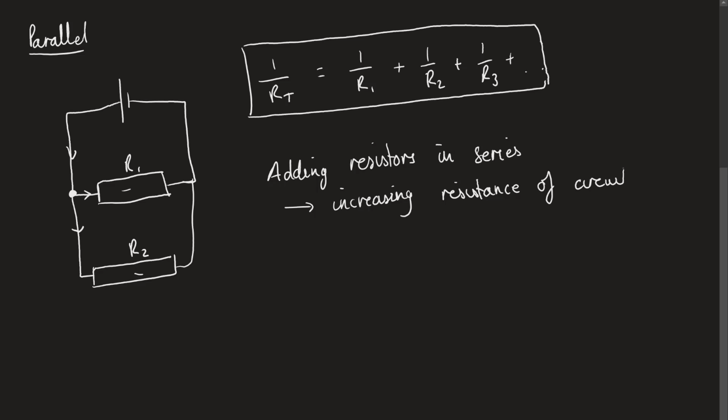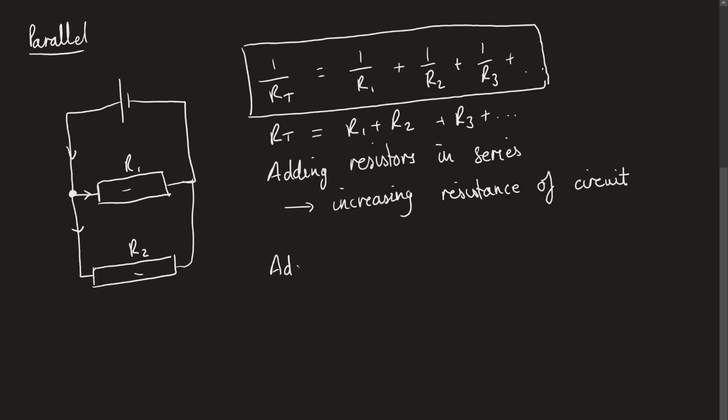That's because RT is our total resistance of the whole circuit, and our equation for the series is RT is equal to R1 plus R2 plus R3 plus so on. So if we keep adding more resistances, RT is just going to keep increasing.